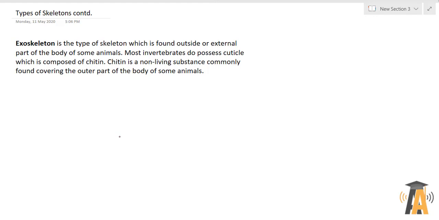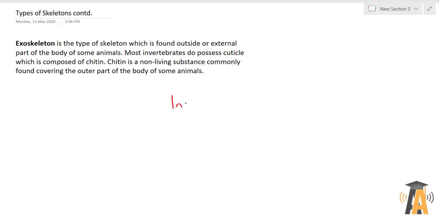Such external skeletal tissues enclose, support, give shape, protection, and also enable the animal to move. So these are exoskeletons. Examples of organisms with exoskeleton are invertebrates. Like we said, most invertebrates are the ones that possess exoskeleton.